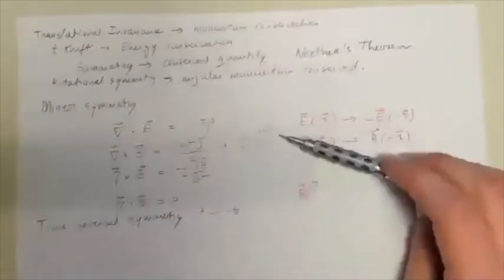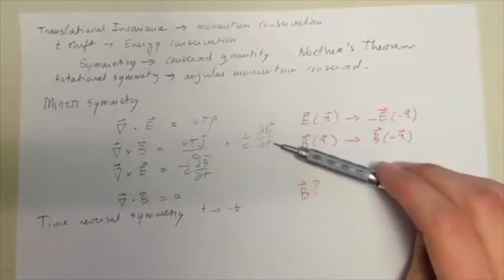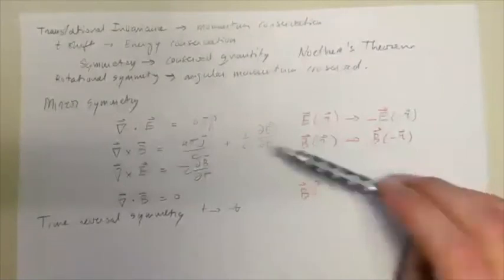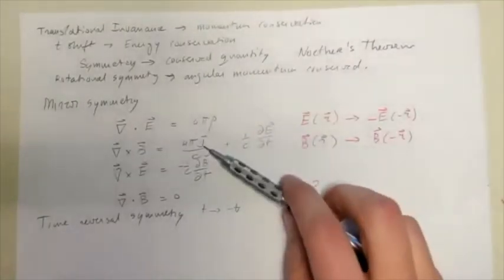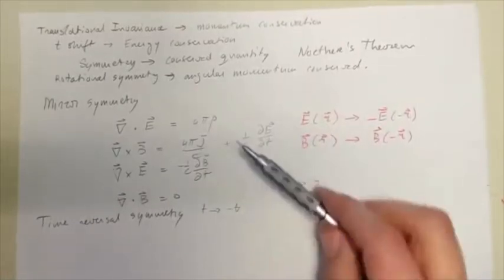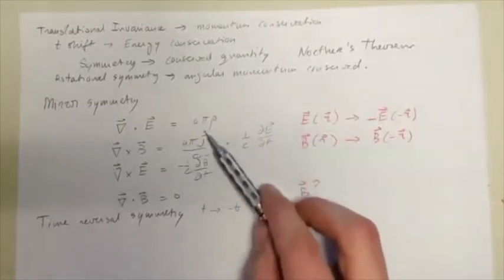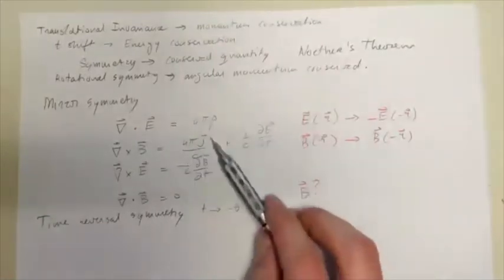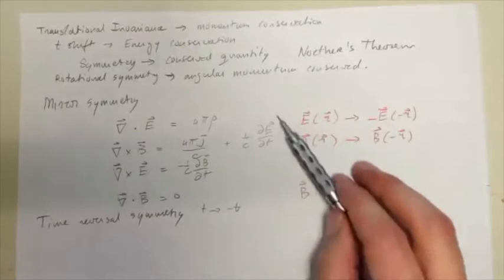So what's happening when you have time running in the opposite direction? Well, we don't know what's happening with the E field a priori, but we do know that the current density would be going in the opposite direction. So that means under time reversal, this term picks up a negative sign. So that means if this term picks up a negative sign, this term as a whole also needs to pick up a negative sign.